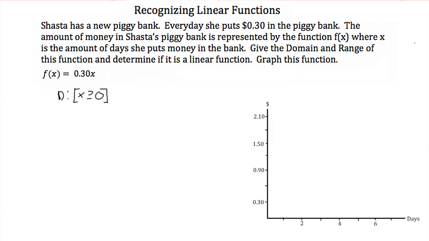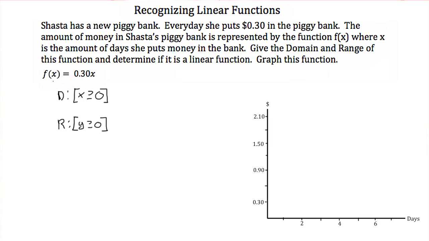Same thing with the range. Shasta cannot have a negative amount of money in her bank. Once the bank is empty, you can't take any more out. So again, our y's must also be greater than or equal to 0.